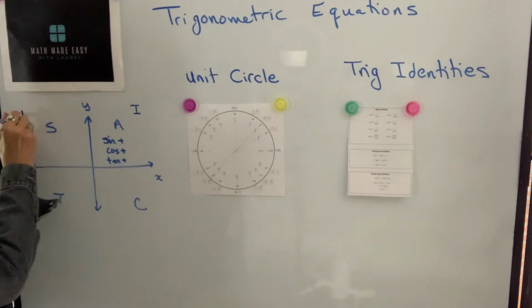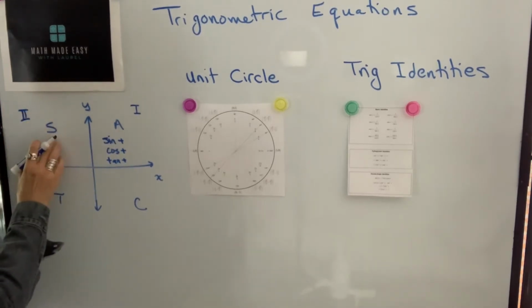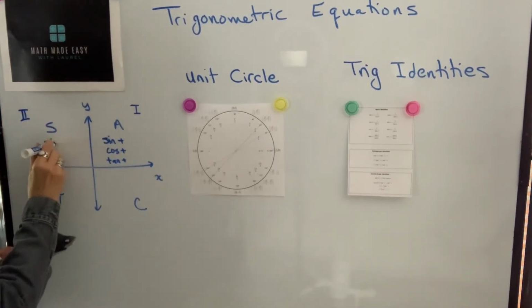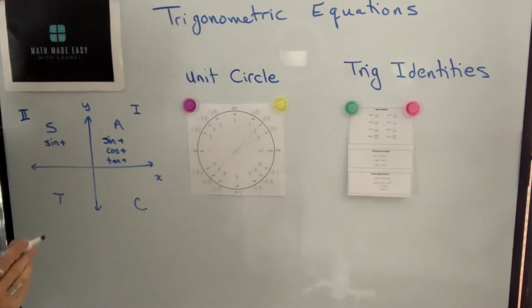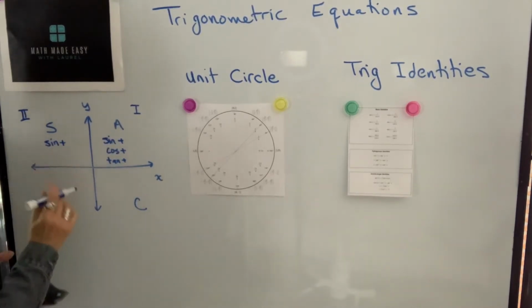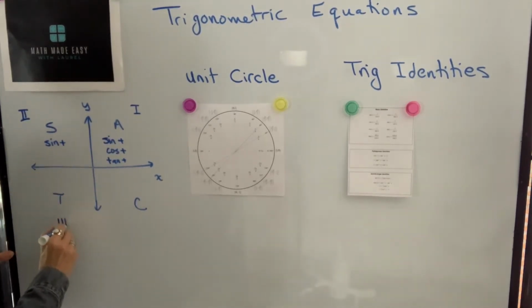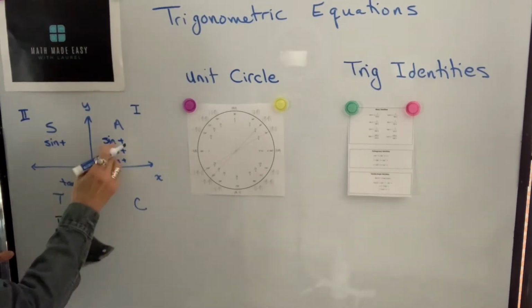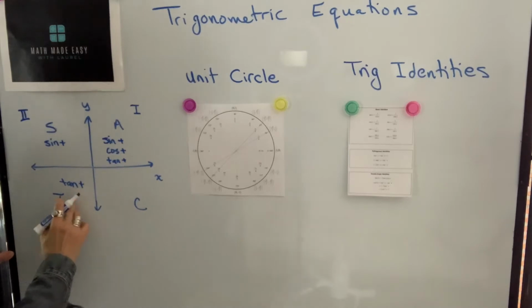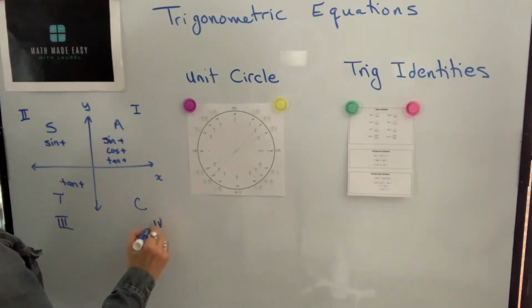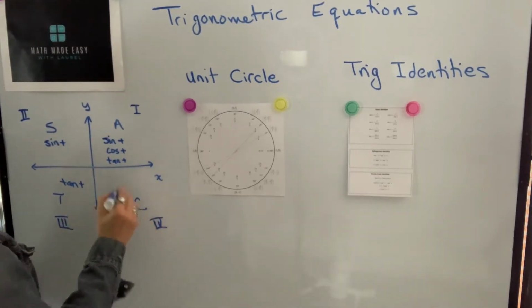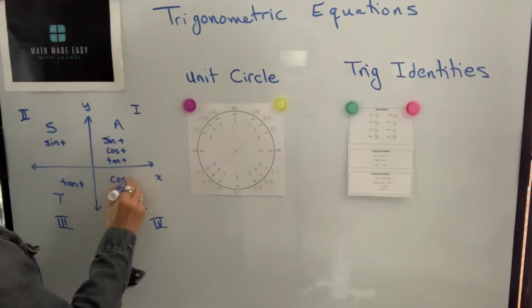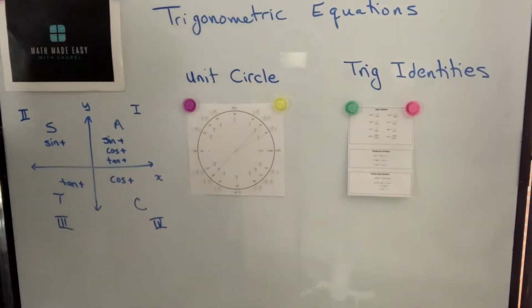In quadrant 2, the only trig function that's positive is sine, which means the other ones are negative. Cos and tan are negative. In quadrant 3, the only trig function that's positive is tan. Therefore, sine and cos are negative in quadrant 3. And in quadrant 4, the only trig function that's positive is cos. Sine and tangent are negative.